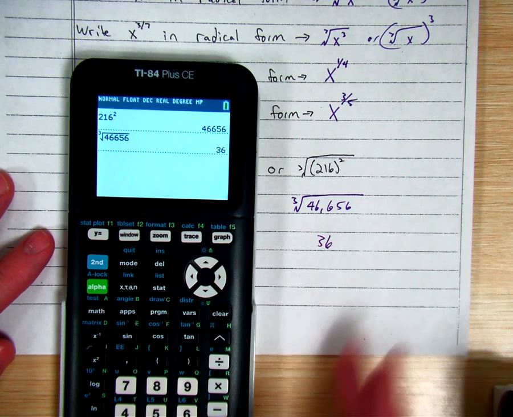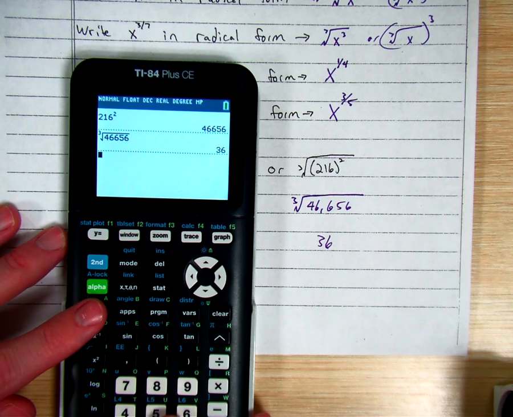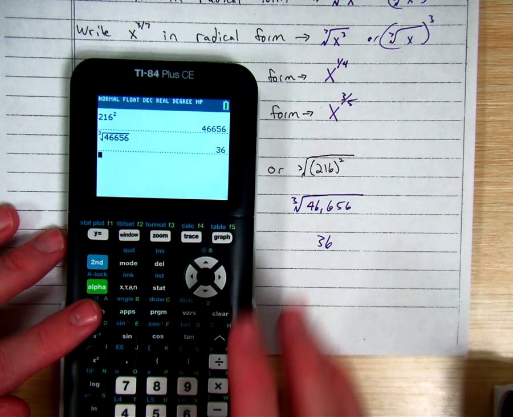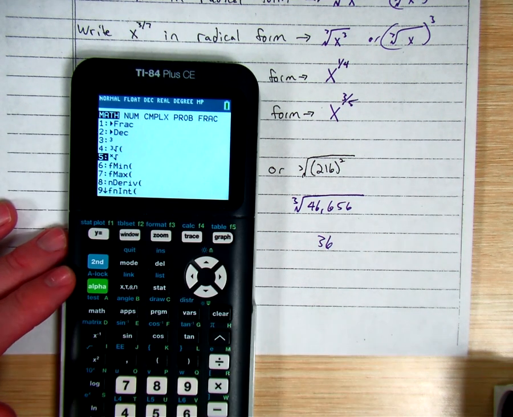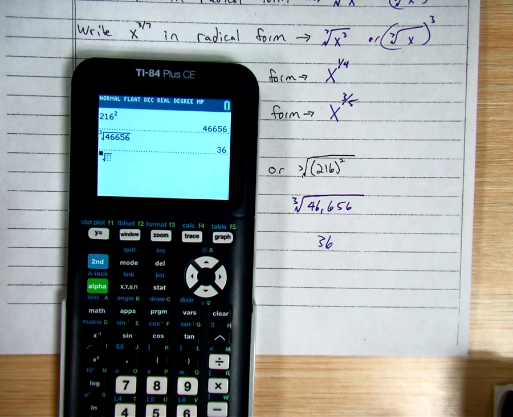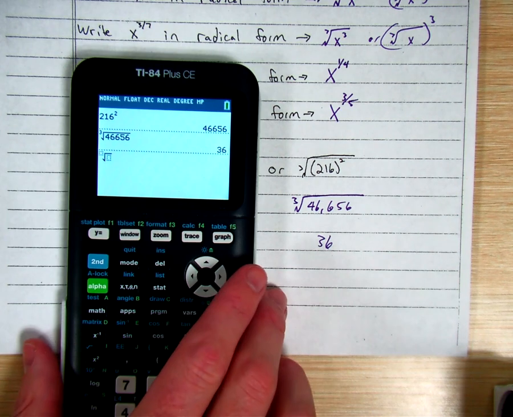If you had something bigger than a cube root, like a fifth root, if you have this kind of calculator, we can go math and down to x root, and then it just gives you the empty template. And you can type whatever root number you want on the top, and then whatever you're trying to do on the bottom.